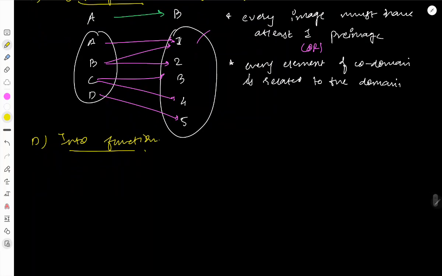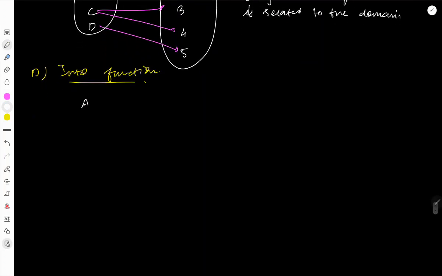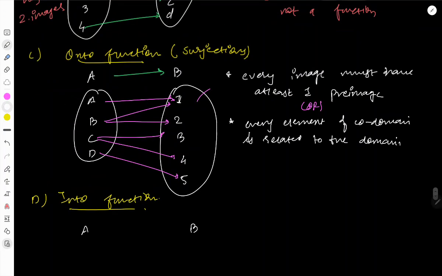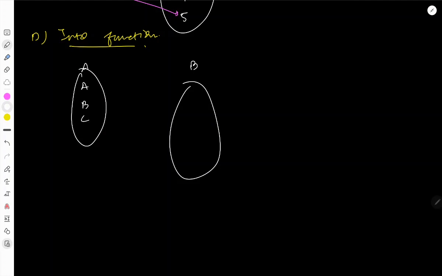But then too we'll discuss how a function cannot be an onto function and can be an into function. That's just the same thing. I'll draw A, B, C, D, 1, 2, 3, 4. So now I'm just going to connect those at random. So this was 1, this was 2, this was 3, and D is also connected to 4. D is also connected to 3.